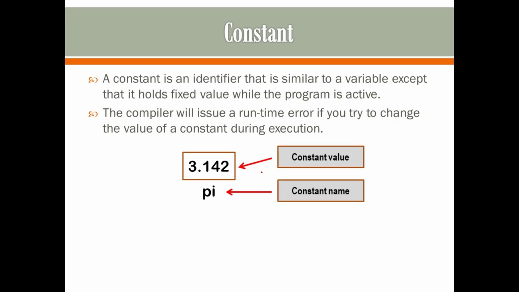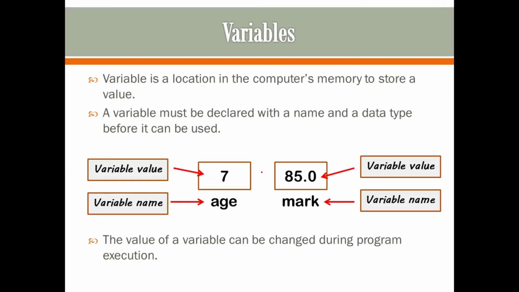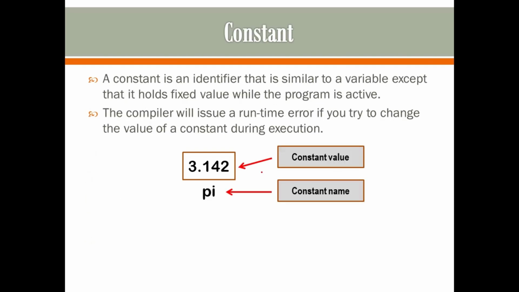What is the difference between variable and constant? You know the value of a variable can be changed during program execution. But a constant holds a fixed value while the program is active.